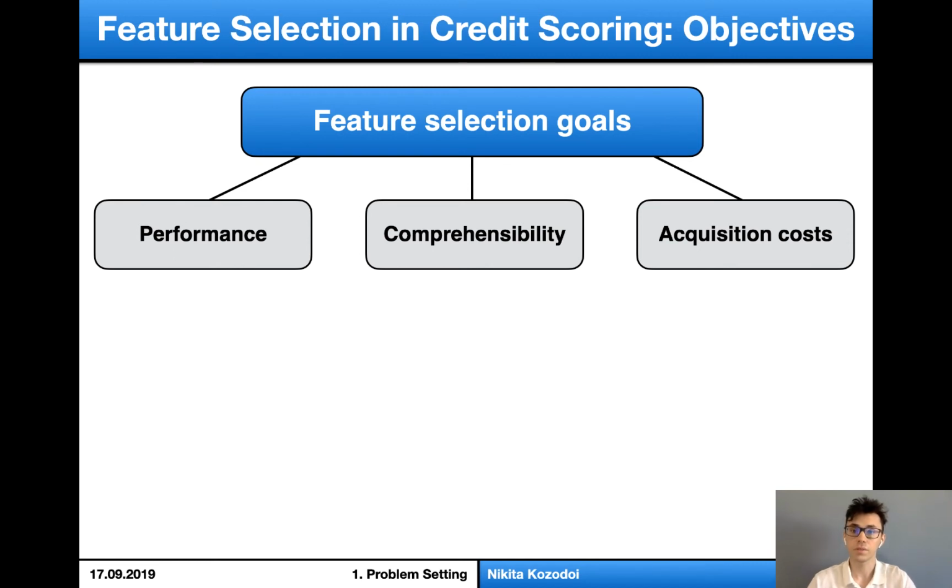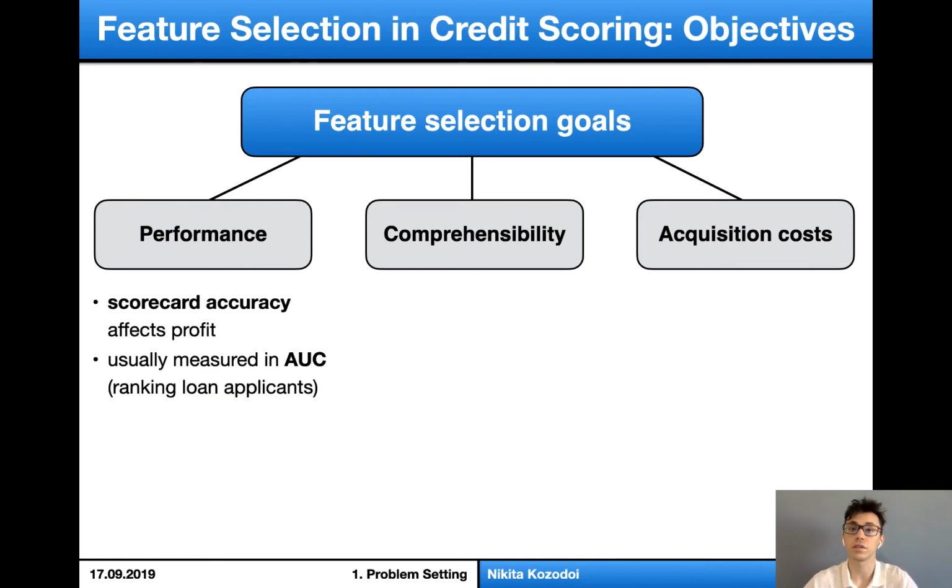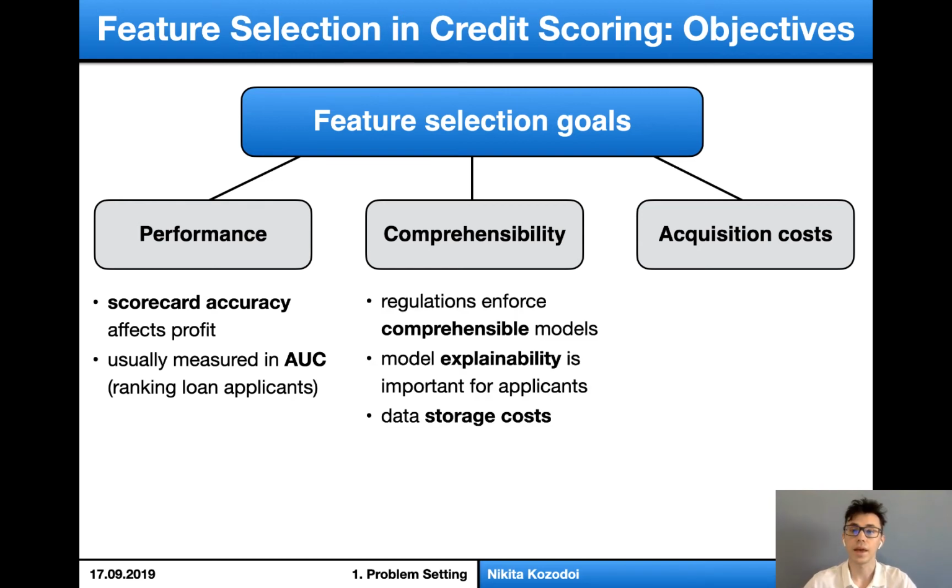First of all, financial institutions are interested in improving performance of the scoring models because the accuracy of the scorecard affects its profitability. The performance is usually measured in terms of the AUC indicator, which reflects the accuracy of ranking of the loan applicants. Another dimension is comprehensibility.